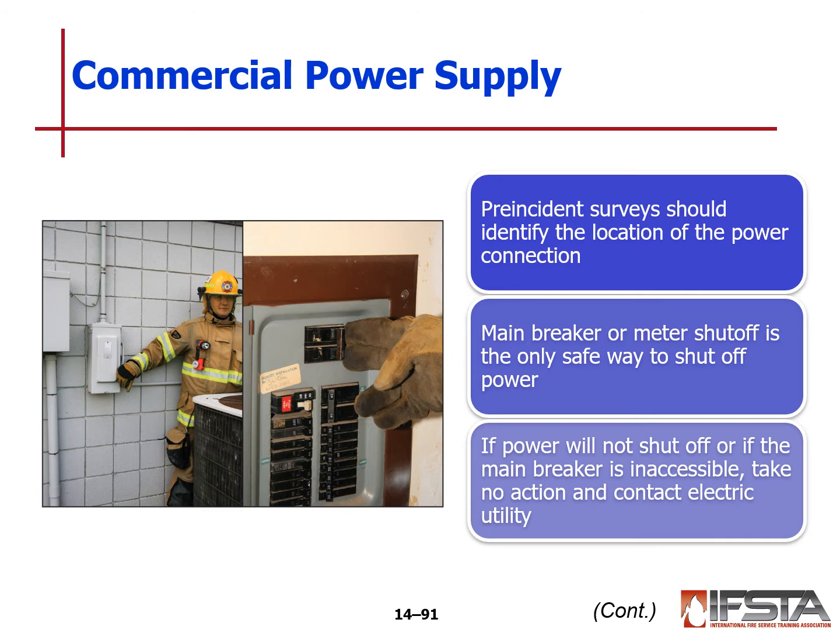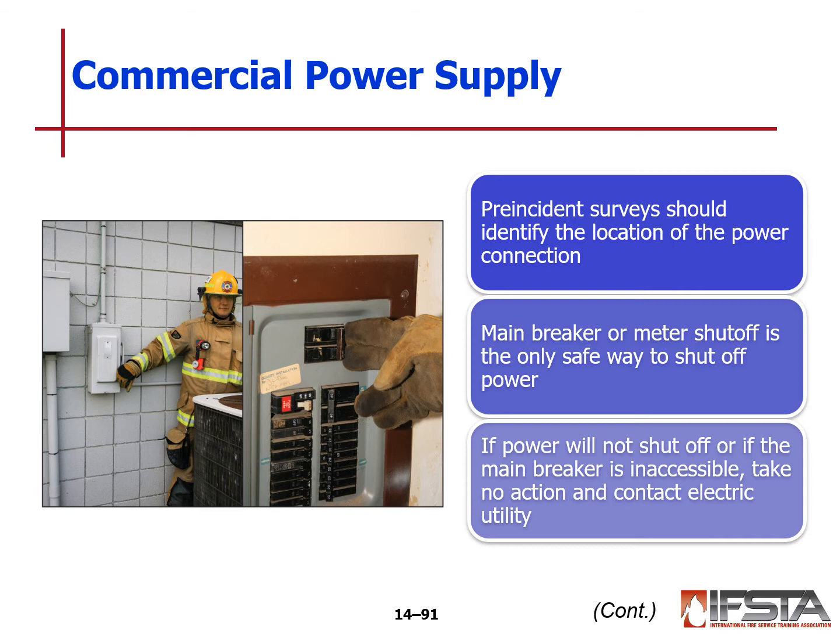With commercial property power supplies, one of the big things that helps us is having a proper pre-incident survey, where these surveys should identify the location of the power connection. Then our main breaker or meter shutoff is basically the only safe way to shut the power off.